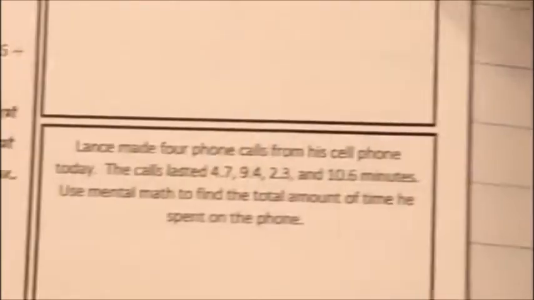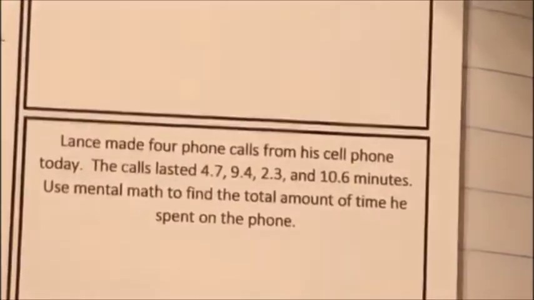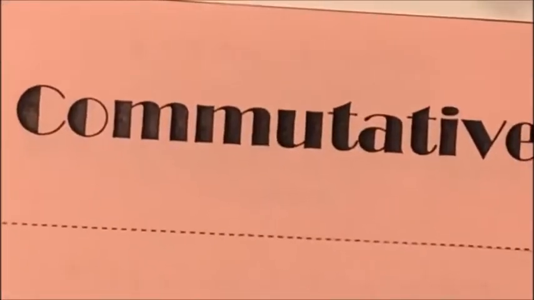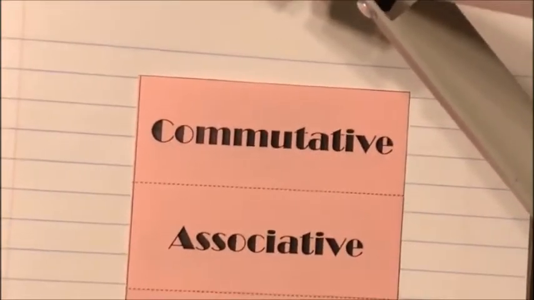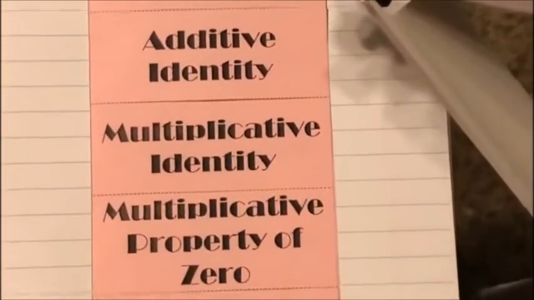Okay. There are a couple of try-it problems that are right next to this, but I want to talk about the pink foldable first. Okay, so the pink foldable actually has examples of the different properties. So I have commutative, associative, additive identity, multiplicative property of 0, and the distributive property.